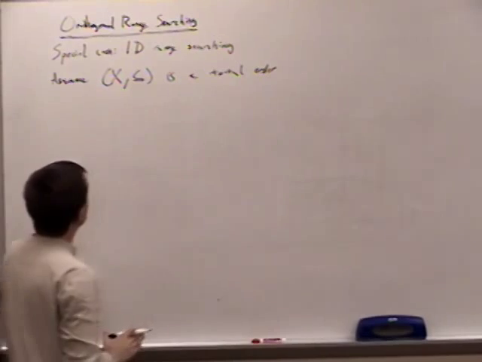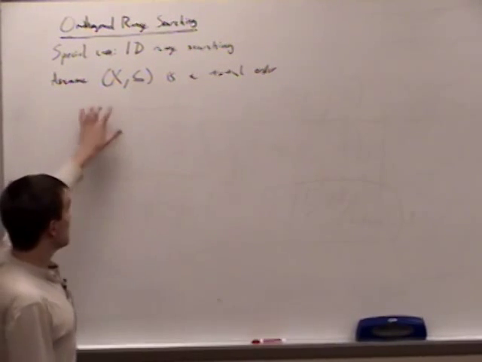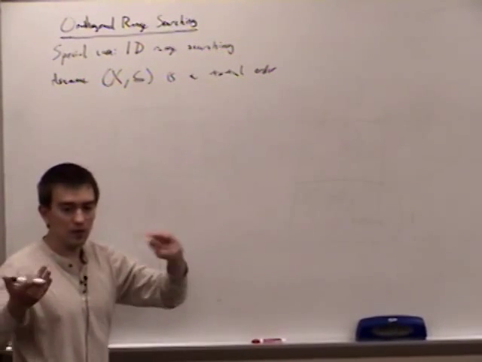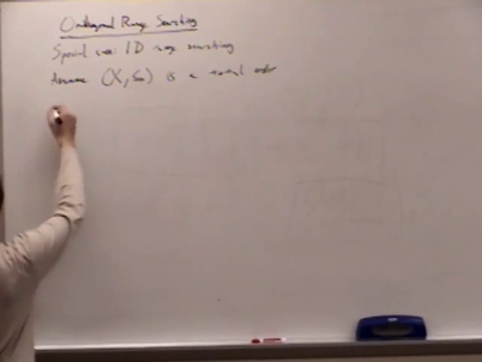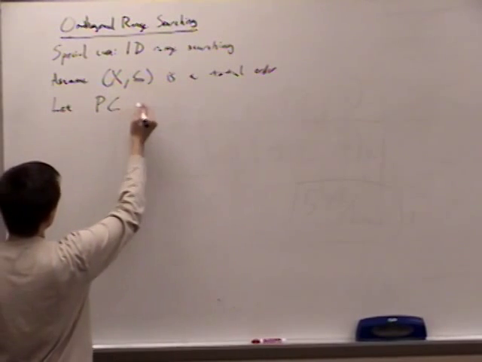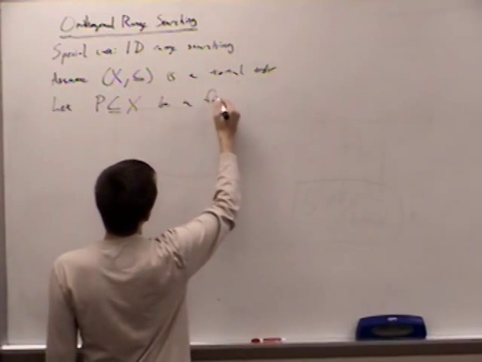So we're going to have this initial input space X with the ranking on it, that gives us some way that we can compare any pair of points, and it just gives us a full list of all of them. And let's say that we have some set P contained in X, and this will be our points.